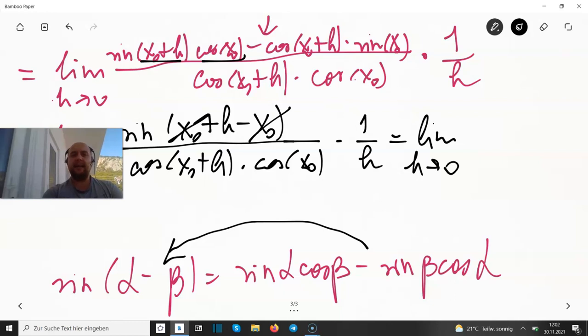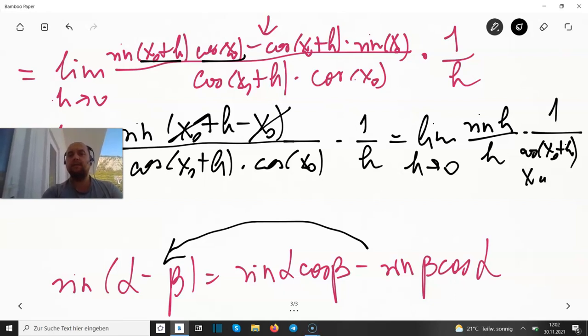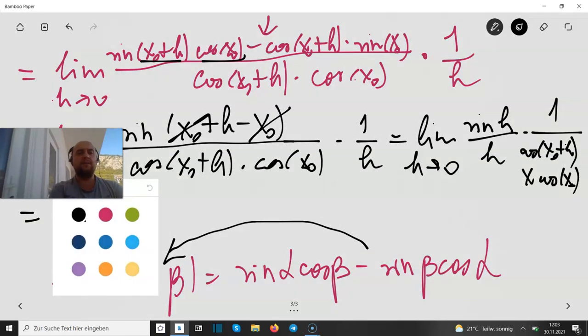And now I can rewrite it as sine of h divided by h, I can rearrange the product, times 1 divided over cosine of x0 plus h times cosine of x0. And if you remember, we can split a limit of the product into the product of limits if those two limits do exist.